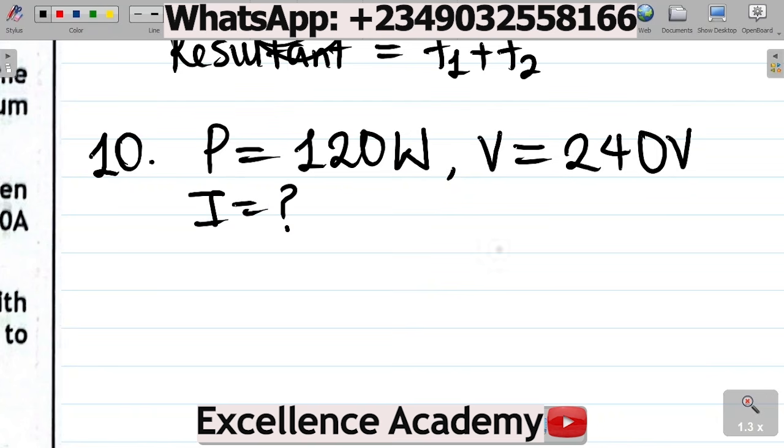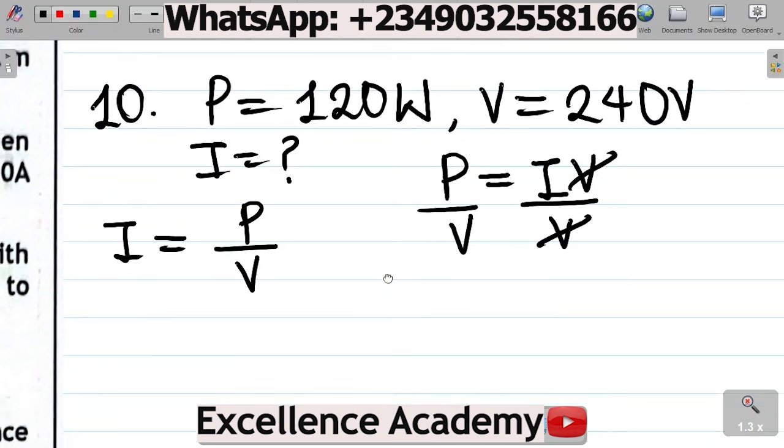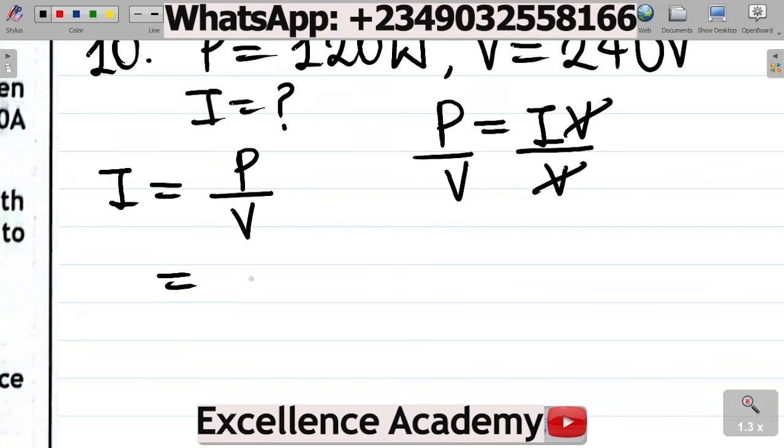All right. From Ohm's law, we know that P is equal to IV. That means the power is equal to the product of current and voltage. To get current, divide both sides by voltage. This cancels this. That means current I is equal to power over voltage, and this is equal to 120 watts over 240 volts.